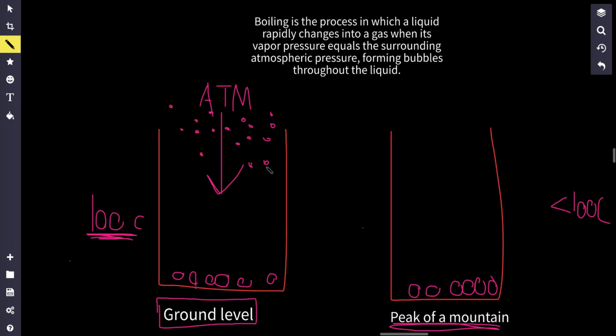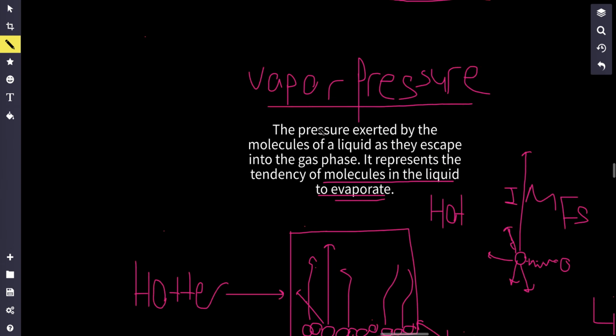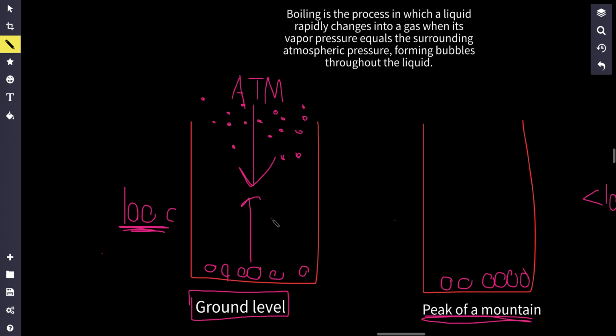Now, boiling happens when the amount of evaporation exerts a pressure on your container. And it turns out that when the vapor pressure is equal to the atmospheric pressure, that's when boiling happens.